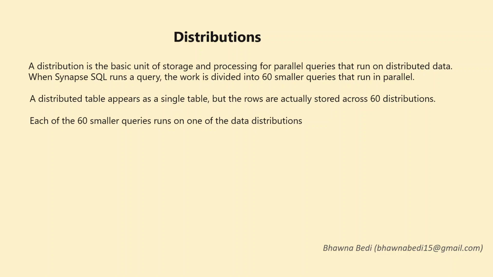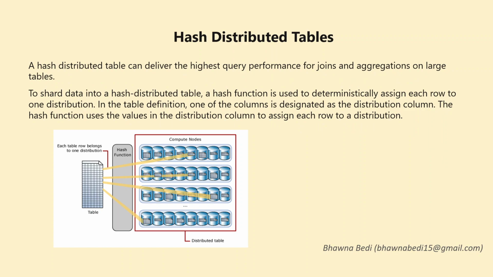What do we mean by hash distribution? What are hash distributed tables? Let's discuss that in an overview right now, and I'll definitely make a detailed video where I will show you how we create hash distributed tables using Synapse SQL. So basically, whenever you create a hash distributed table, you assign one column, which is designated as the distribution column.